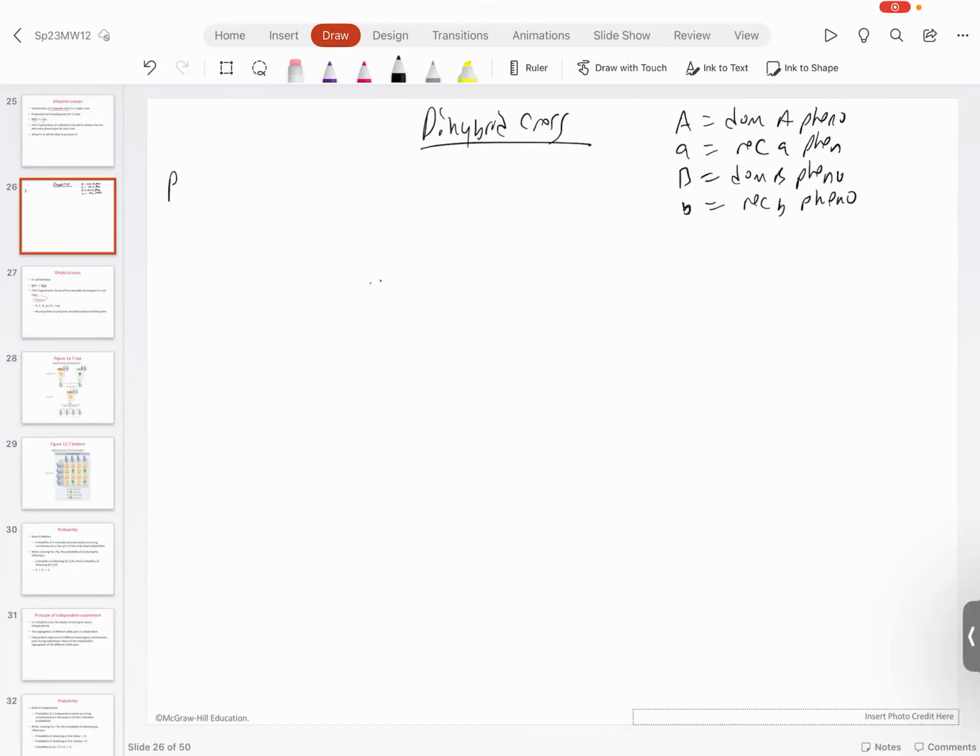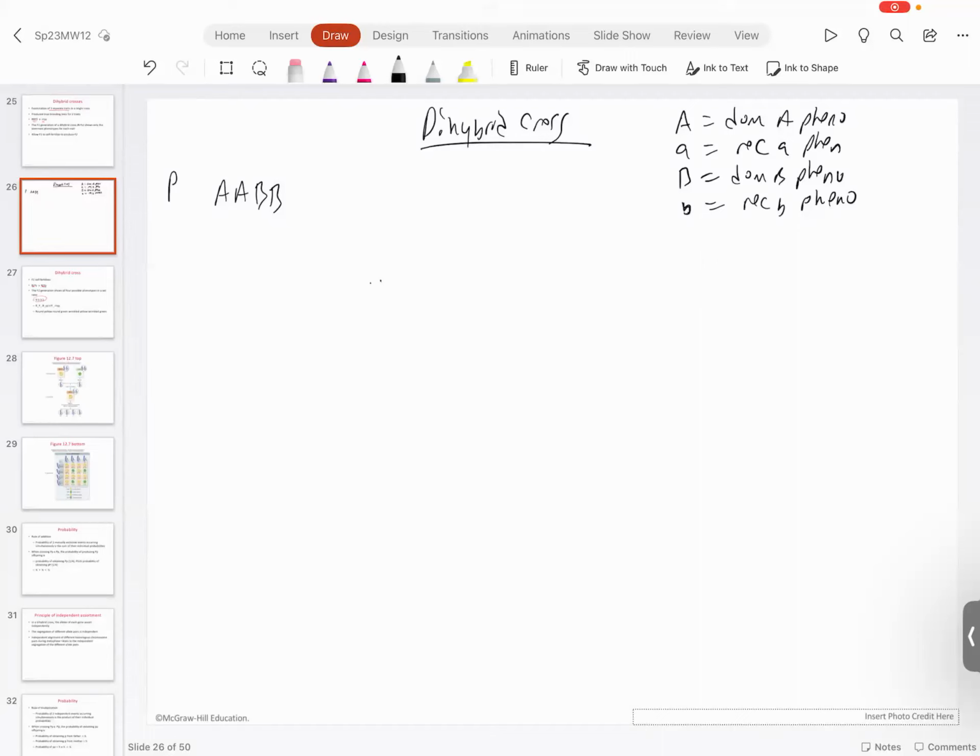So here's what I'm going to do. First of all, I'm going to create a true breeder cross, a parental cross. I'm going to take big A, big A, big B, big B. So it's a true breeder for dominant for both genes. Now, one thing to remind you of, these genes are independent of each other, right?